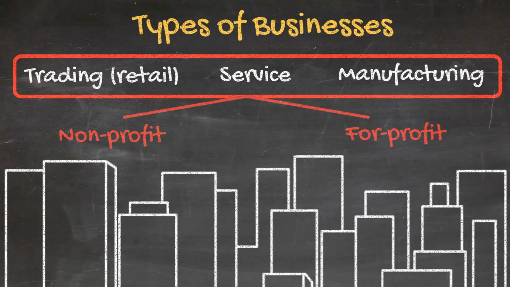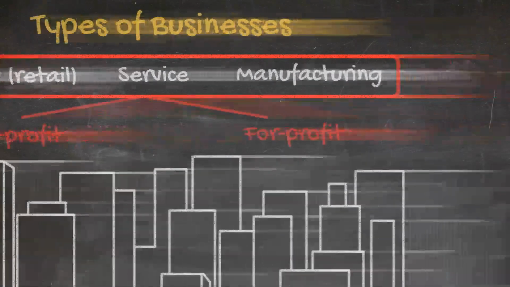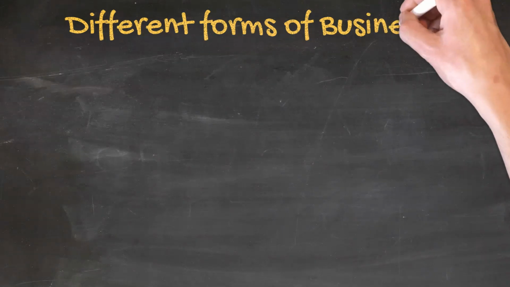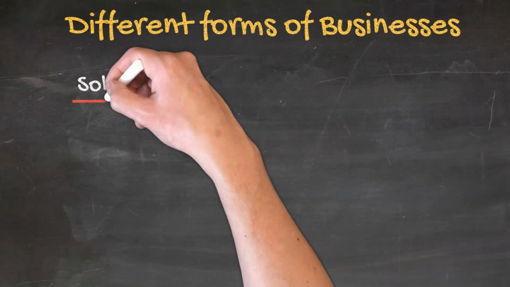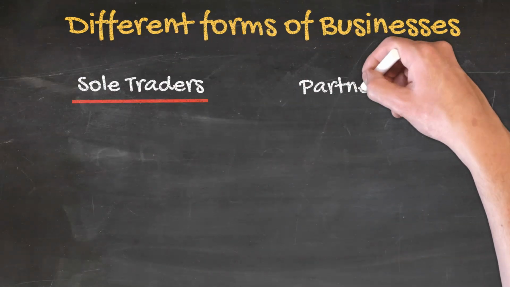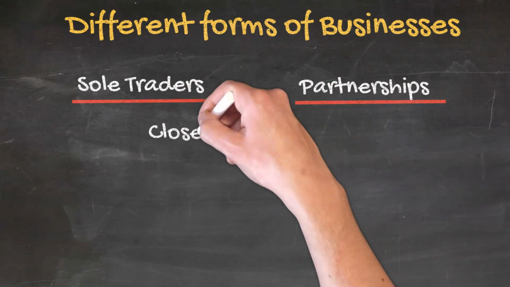For-profit businesses are exactly what the word implies. They operate for a profit, which is either reinvested into the business or paid out to the members. Most businesses fall in this category, and we will therefore now look at 5 of the most common forms of for-profit businesses. These include sole traders, partnerships, close corporations.